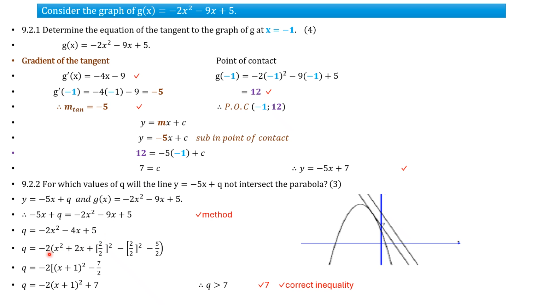And 5 divided by negative 2 gives me negative 5 over 2. So that gives me (x plus 1) all squared minus 7 over 2. Minus 2 minus 5 would give me minus 7 over 2.